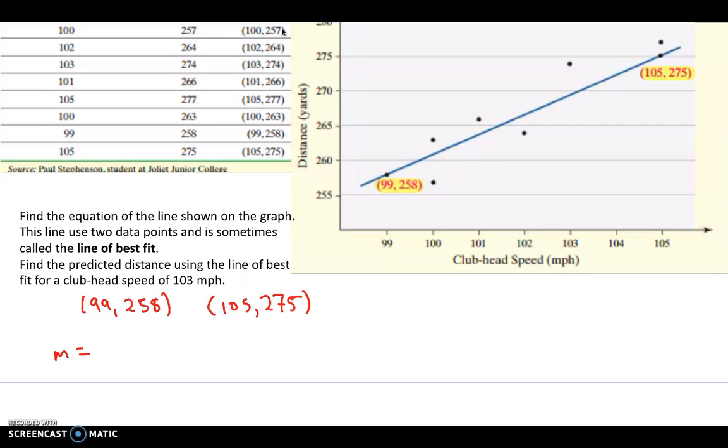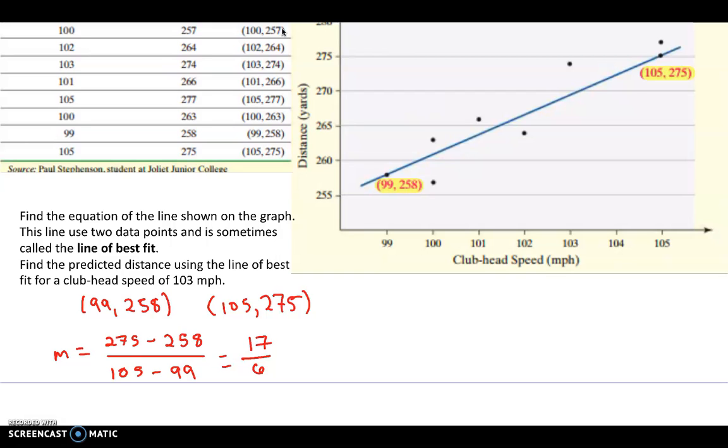So the slope is the difference in the y value, y2 minus y1, might sound familiar, divided by the difference in the corresponding x values, 105 minus 99. When I subtract these, I'm going to get positive 17/6. So that's the slope of my equation.